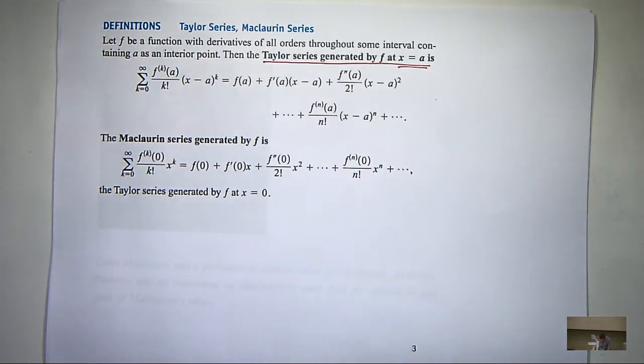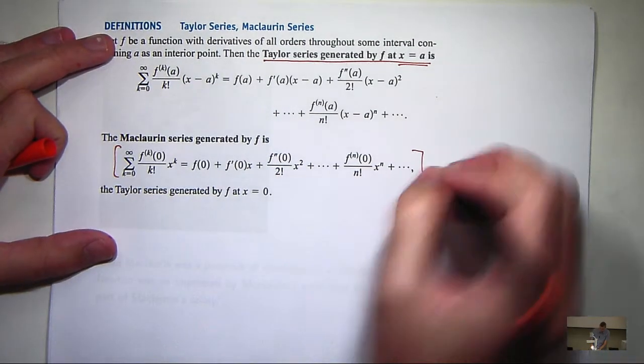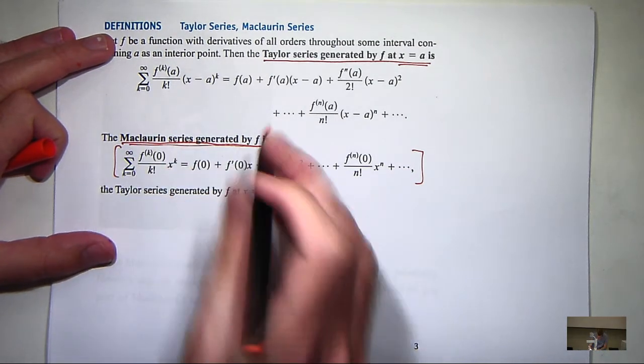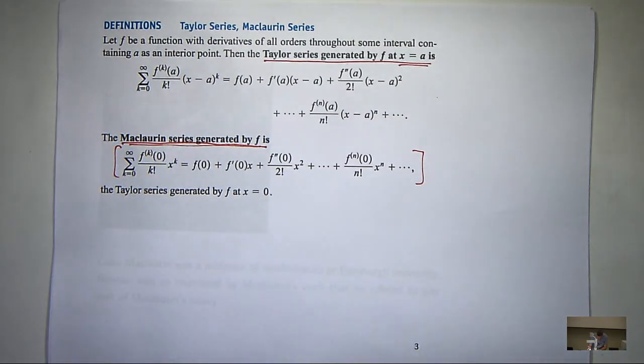Now, a Maclaurin series is just a special form of a Taylor series, just with a equals 0. So when you refer to a Maclaurin series, you're saying that this is the setup that you want. You don't have to mention anything about the point. By a Maclaurin series, you're flagging that you're making a series around the point 0.